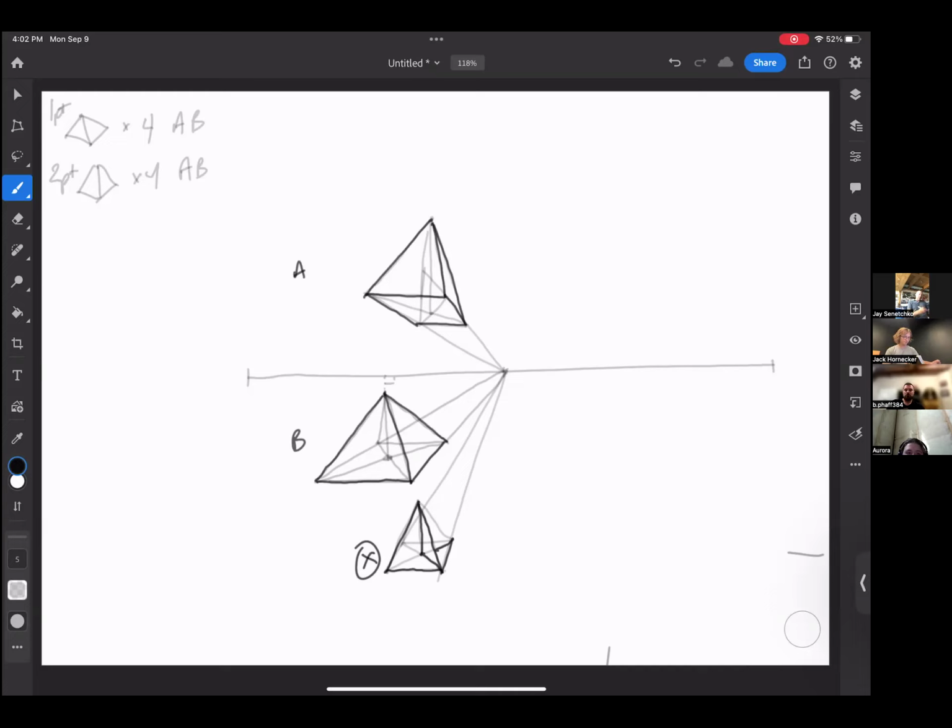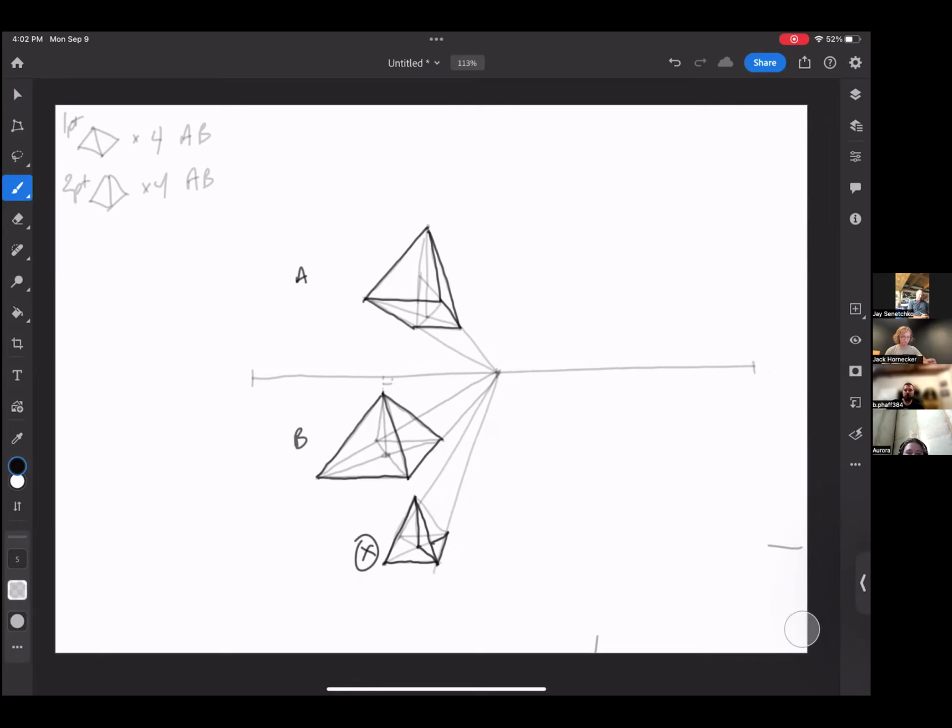Okay, 2-point. You're going to do the exact same thing, except now you're going to use your 2-point vanishing points. So I'm going to draw the base of the object on the ground using only my 2 points. And then again, the exact same thing. Connect the corners to establish the central section of that object, and then drag a line up vertically to whatever height you want.